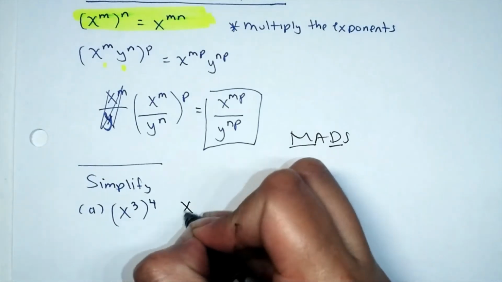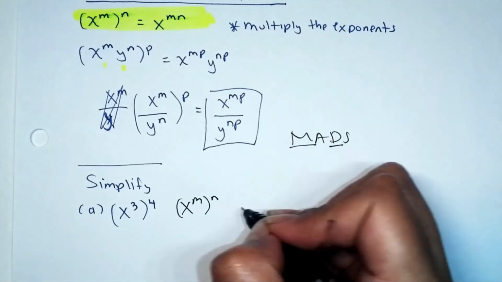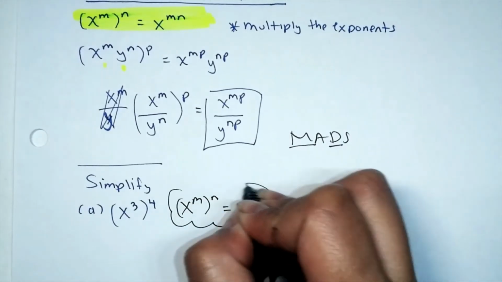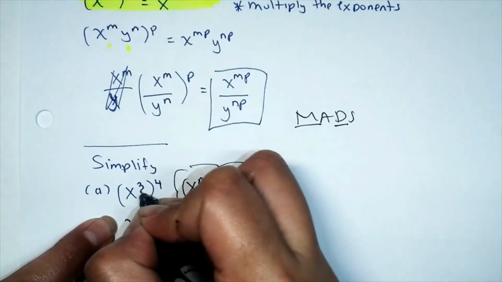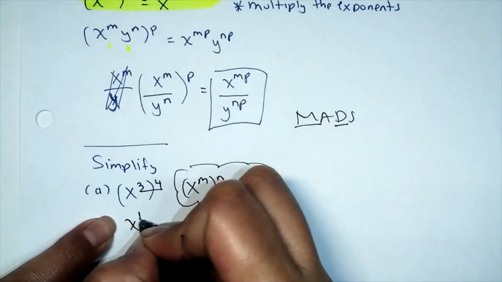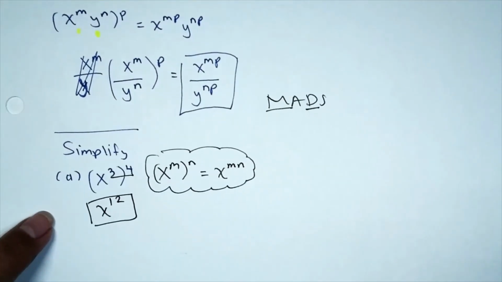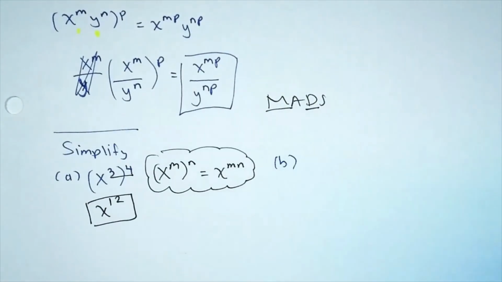So let me remind myself. If I have a factor and I raise it to some power, I'm going to keep the base and multiply the exponents. Okay, so let's do this. The base is x and the product of the exponents will give you 12.